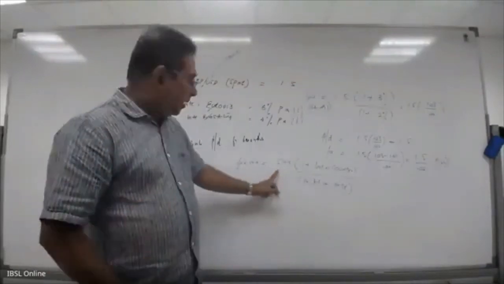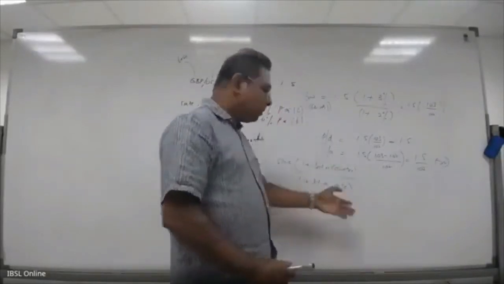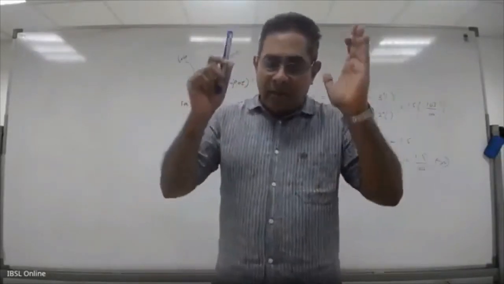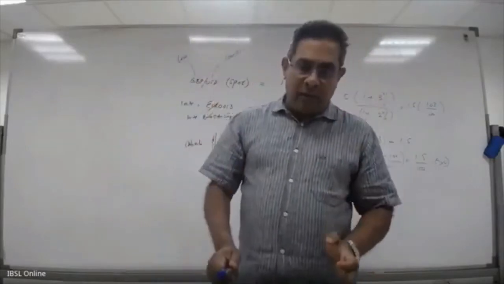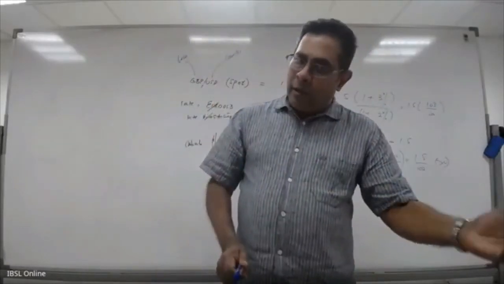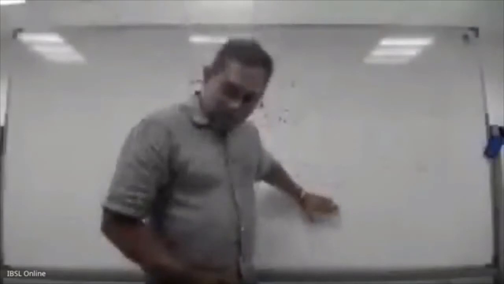So forward rate is equal to what? Spot times 1 plus interest on counter over 1 plus interest on base. Learn it by heart like a parrot if you are unable to get the formula through fundamentals.